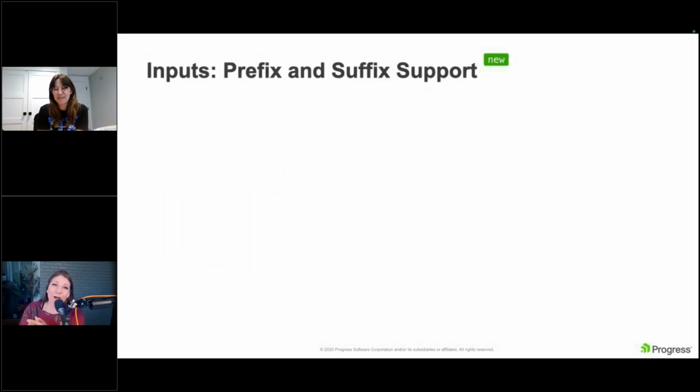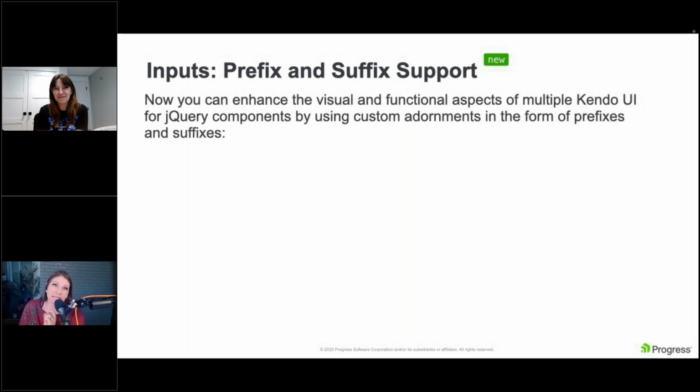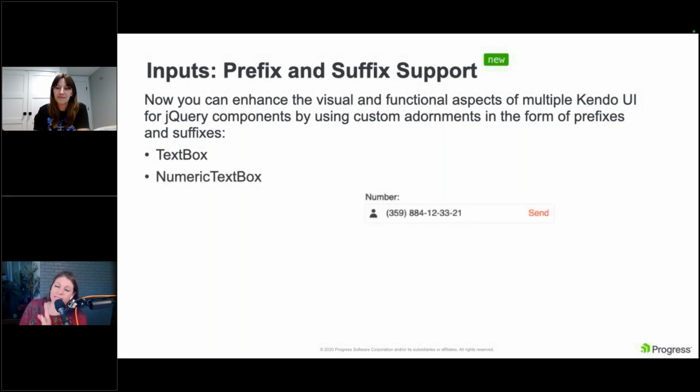jQuery also got prefix and suffix support for a specific list of inputs. So now you can enhance the visual and functional aspects of many jQuery components by using custom adornments in the form of prefixes or suffixes. So here is an input that has both a prefix and a suffix, but text box is not the only thing that you can do this now easily with.